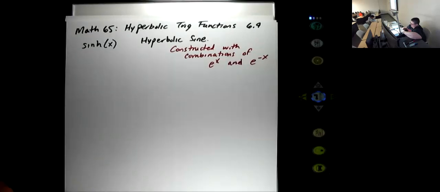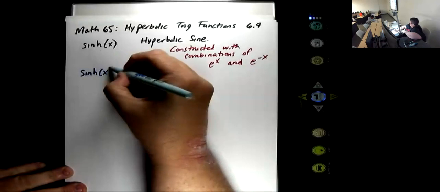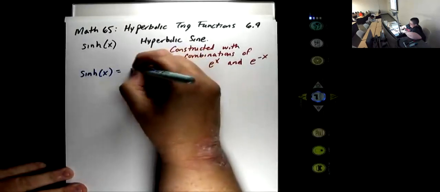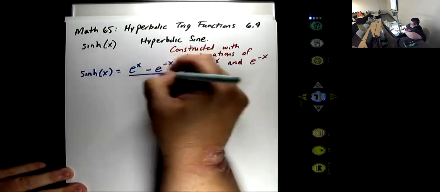So that's how we list hyperbolic sine. Hyperbolic sine is sinh x equals e to the x minus e to the negative x over 2.